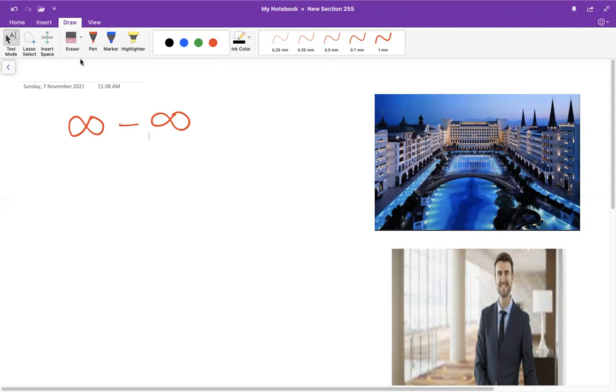Okay, a real life imaginary situation, and with the reference of that we will try to find the value of infinity minus infinity. So before I try to actually find it, let's say that I say infinity minus infinity is infinity.